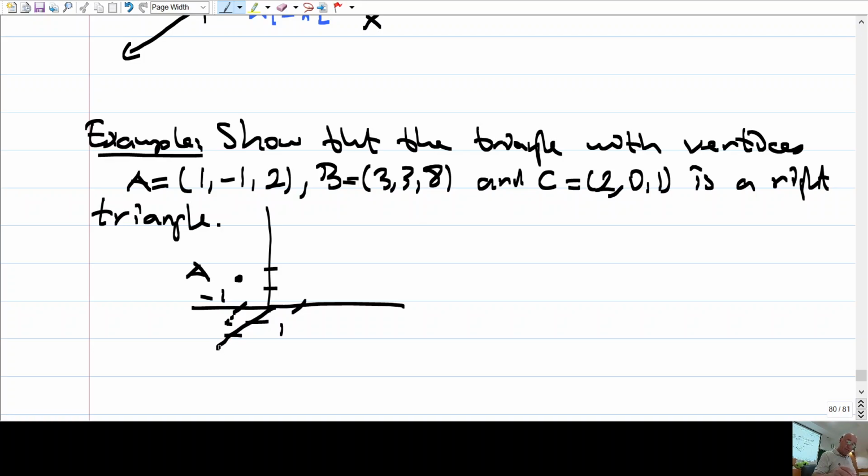B is 3, 3, 8. So it is here, but then you go 8 units up. So B is somewhere here. And C is 2, 0, 1. So C is here. No, not here, I'm sorry. Not there. 2 units here, 0 units, and then 1 unit up. So somewhere here.